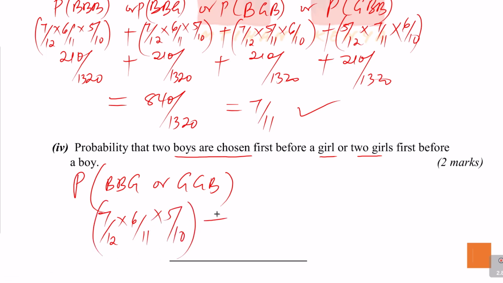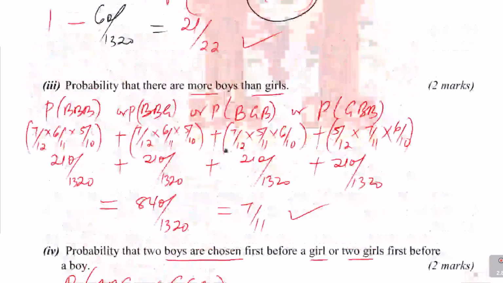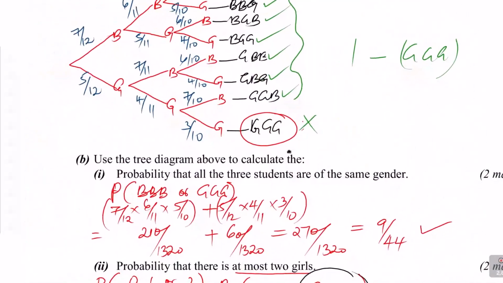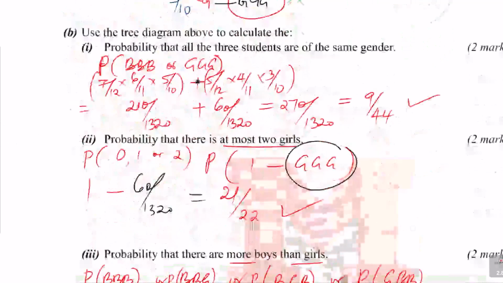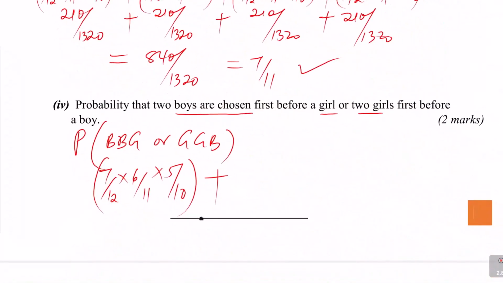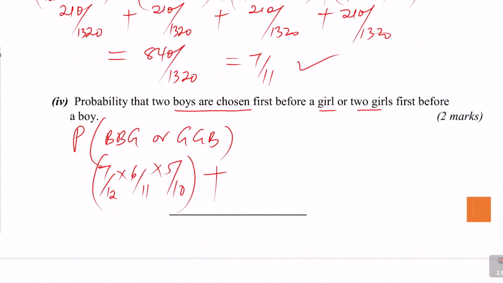That is boy, boy, girl, plus girl, girl, boy. You can see that here. So we add girl, girl, boy, which is 5/12 times 4/11, and then the boy, which is 7/10.